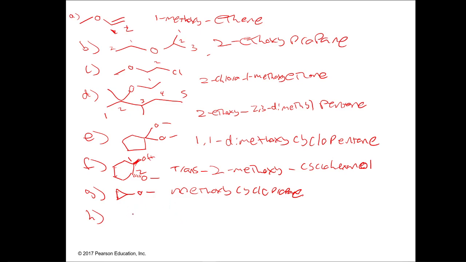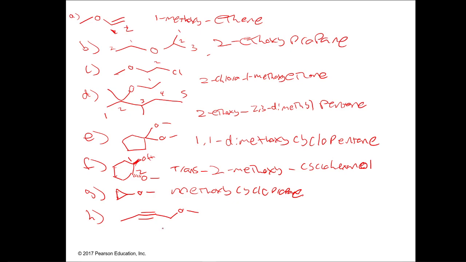Okay, H. I believe that's correct. Looks good to me. And so, alkyne takes precedence over methoxy, but let's see. So we could go 1, 2, 3, 4, or we could go 1, 2, 3, 4.